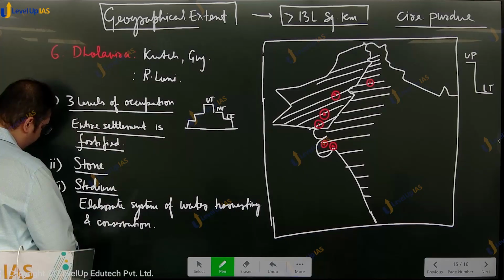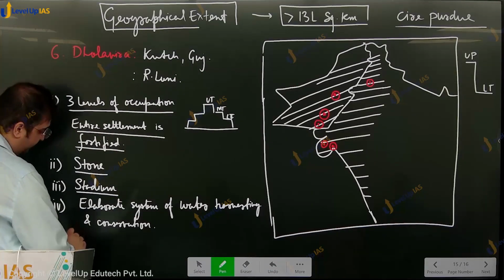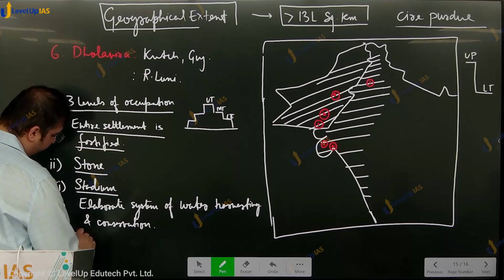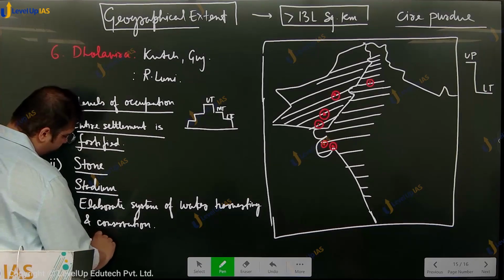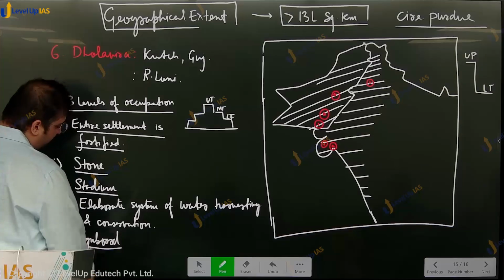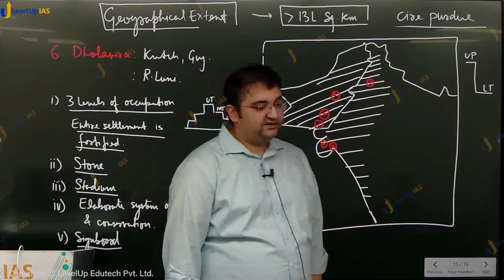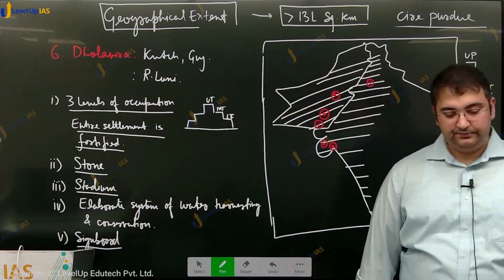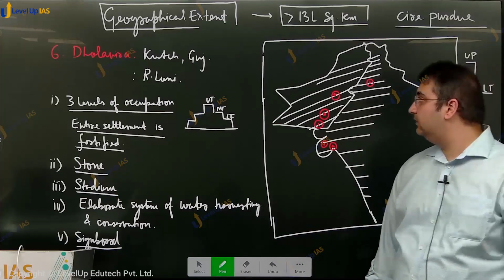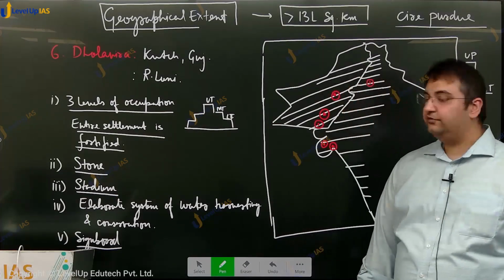And another unique find from Dholavira is the discovery of a large signboard consisting of 10 Harappan script symbols. Okay? So these are the important discoveries from Dholavira.